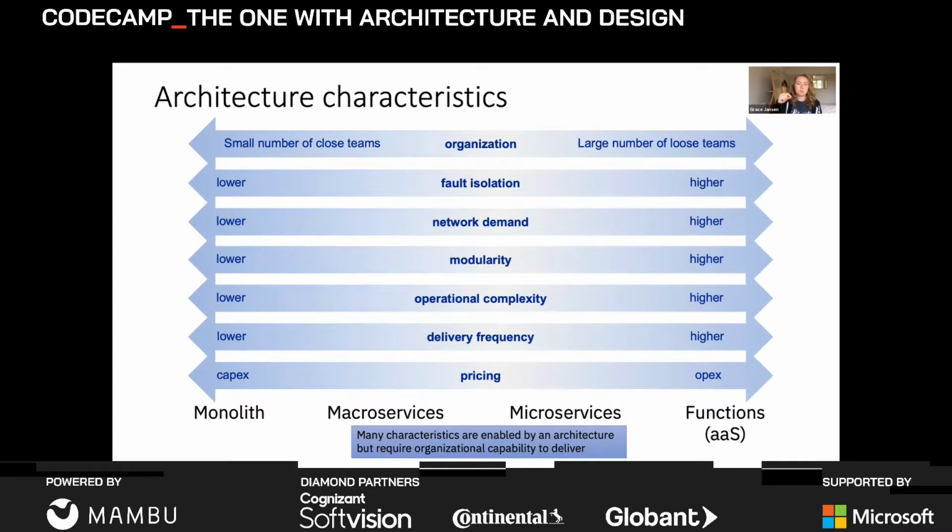On here, I put some of the key architectural characteristics you need to bear in mind to help you select the best type of architecture for your application when you're moving to cloud native. So based on how often you deliver, what your operational complexity is, how your organization is organized, your network design, your modularity. These are key aspects you need to be considering and mapping your own application onto this sliding scale, whether you're far to the left with monoliths, far to the right with functions, or somewhere in the middle.